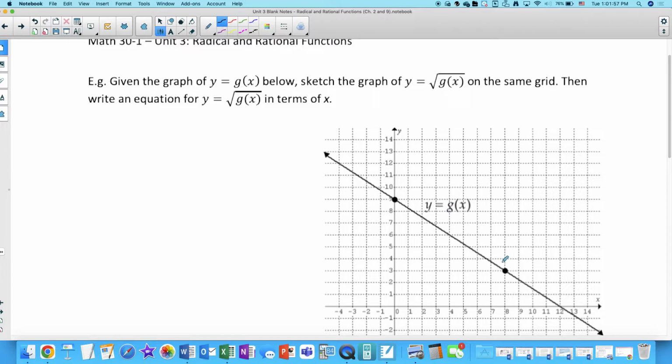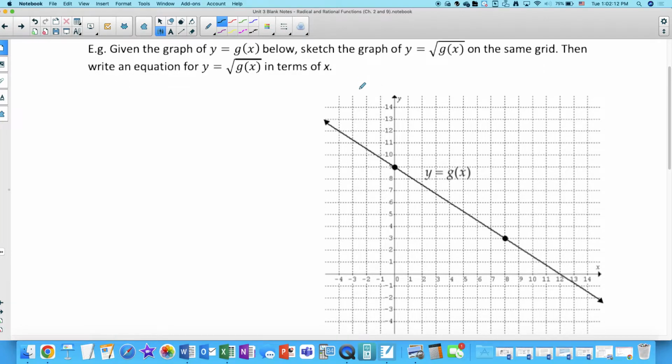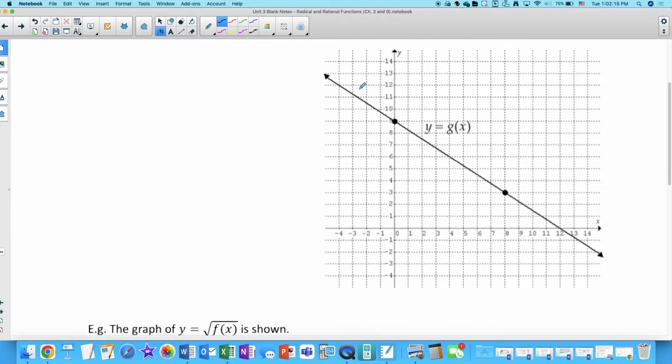We just have a linear function. We're going to graph y equals g of x on the same grid. And then we're going to write an equation for y equals square root of g of x in terms of x. Okay, so firstly, what points can we put in right away?